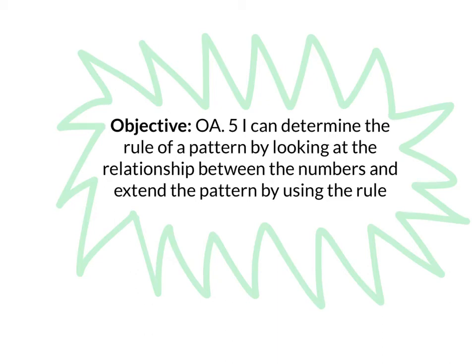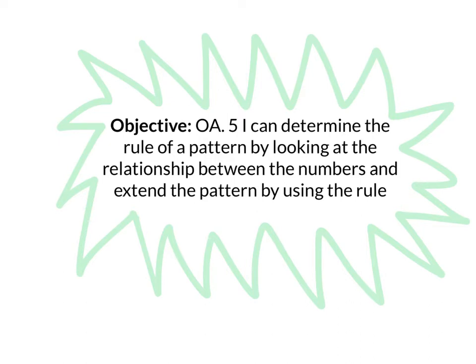Our objective for today is I can determine the rule of a pattern by looking at the relationship between the numbers and extending the pattern by using the rule. So there's two really important pieces to our objective.